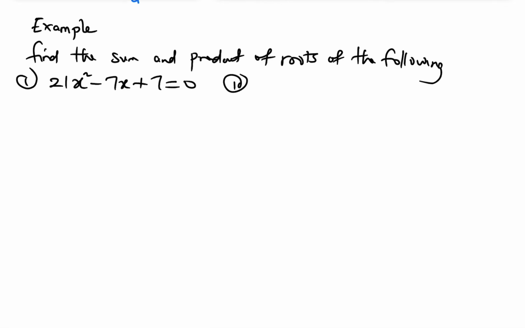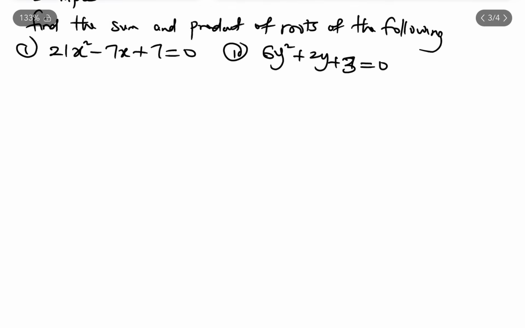And the second one is 6y squared plus 2y plus 3 equals 0. Okay, let's take one more question: 5 minus 10x minus 3x squared.